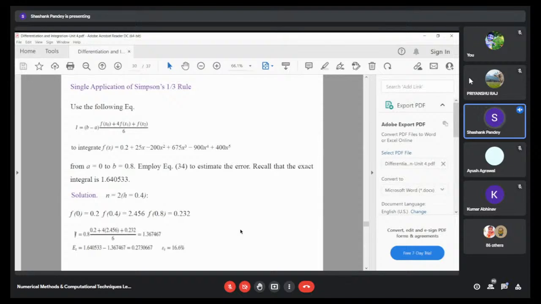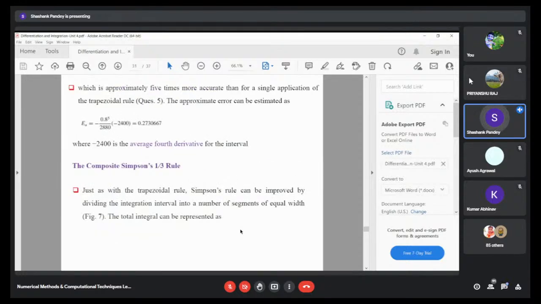So here we will substitute n equal to 2 and h equal to 0.4, and compute the value at different points, that is f of 0, f of 0.4, and f of 0.8, and apply this Simpson 1/3 rule, and we will get the value of integral as 1.367467, and the error involved is 2.730. In terms of percentage error, this is 16.66.